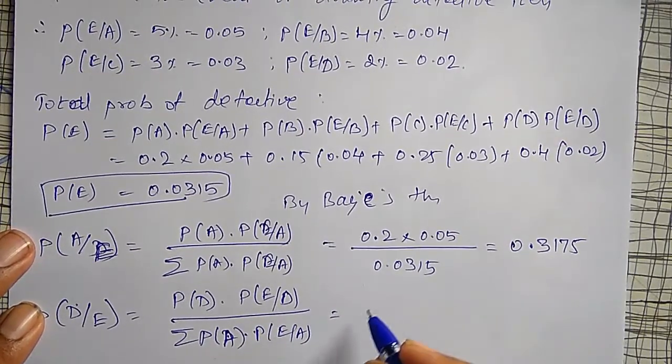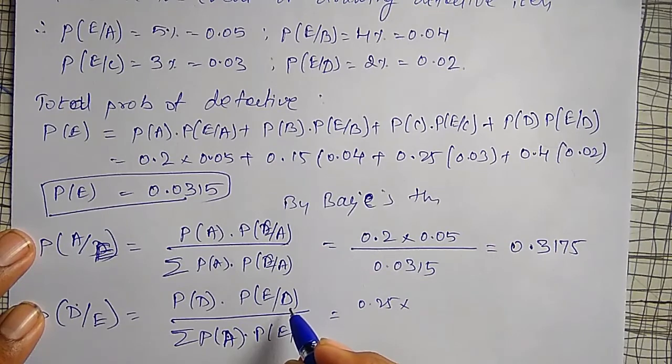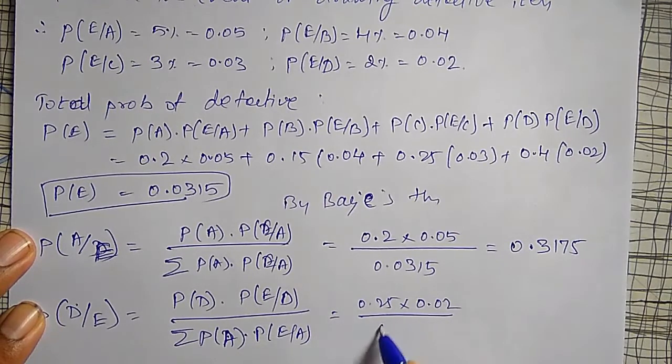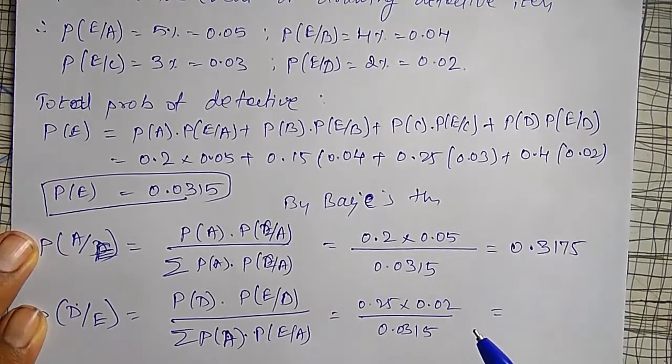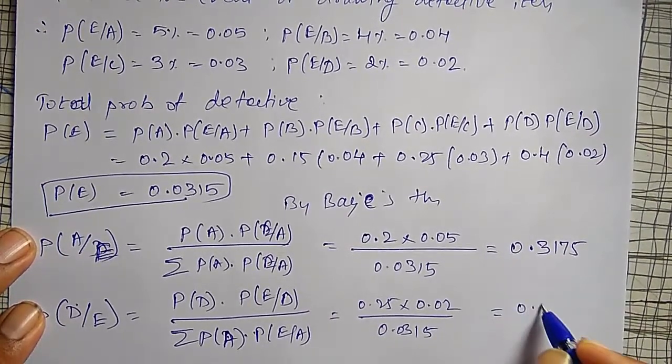Probability of D is 0.4 and E relative to D is 0.02, divided by the total probability 0.0315. Calculate this one, I am going to get it as 0.254.